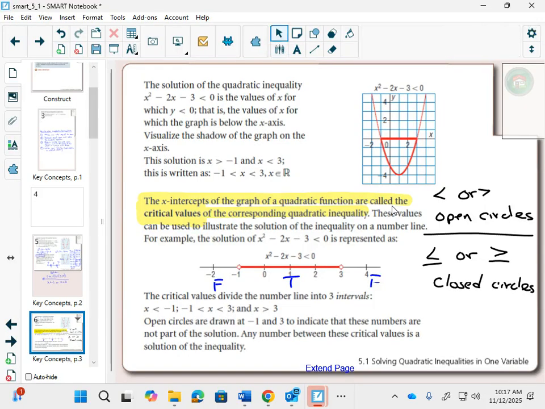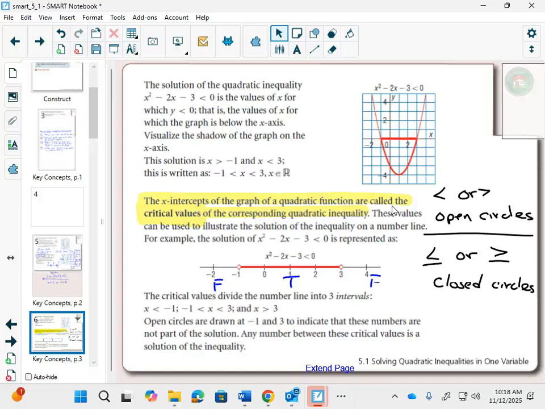And we'll often write true and false over the sections. And there's a couple of different ways you can find out if it's true or false. If I plug in 0, that's between -1 and 3, into the equation, -3 is less than 0. If you plug in one value and that value is true, that means that whole section is going to be true.